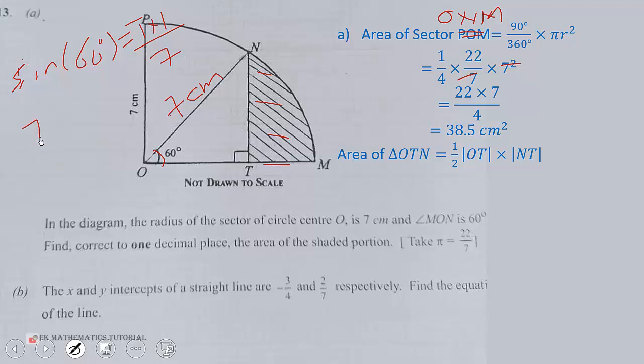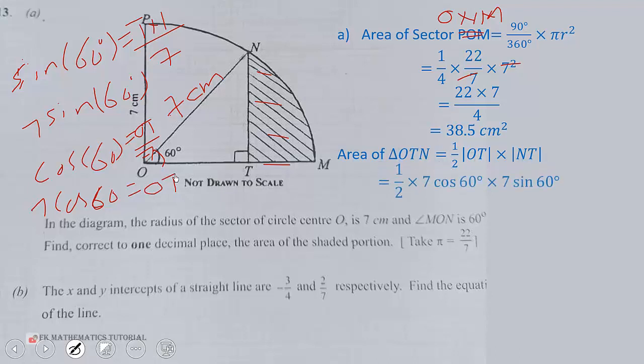So TN will be equal to 7 sine 60 degrees. Again, cos 60 will be equal to adjacent, which is OT over 7. So 7 cos 60 will be equal to OT.